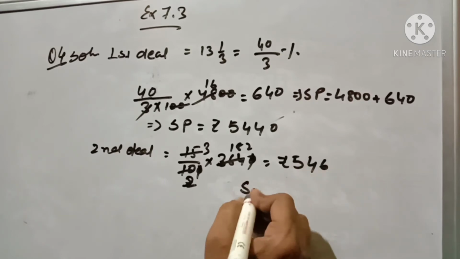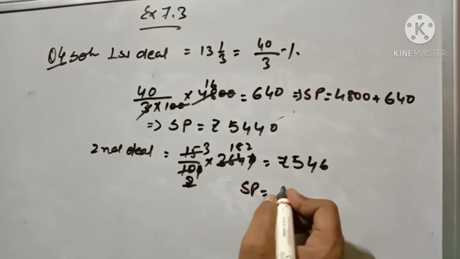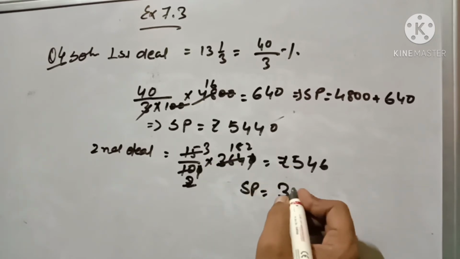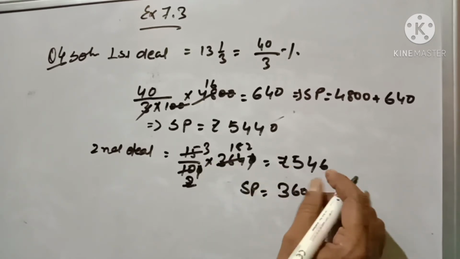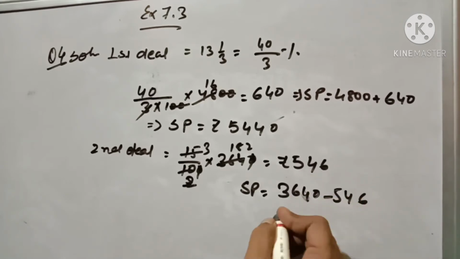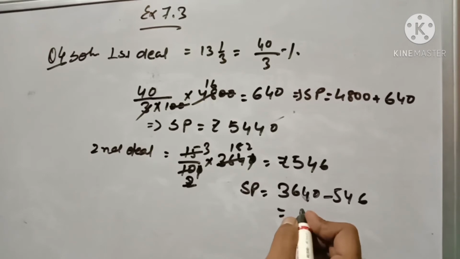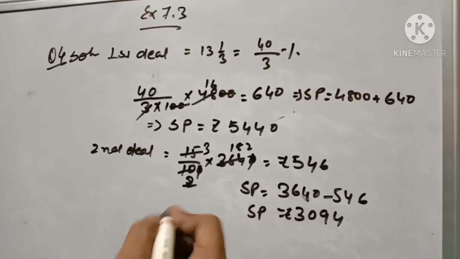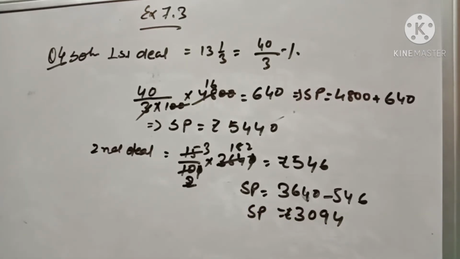So the selling price of the second deal will be, because this is a loss, 3,640 minus 546, it will come 3,094 rupees. So this is the SP for the second deal.